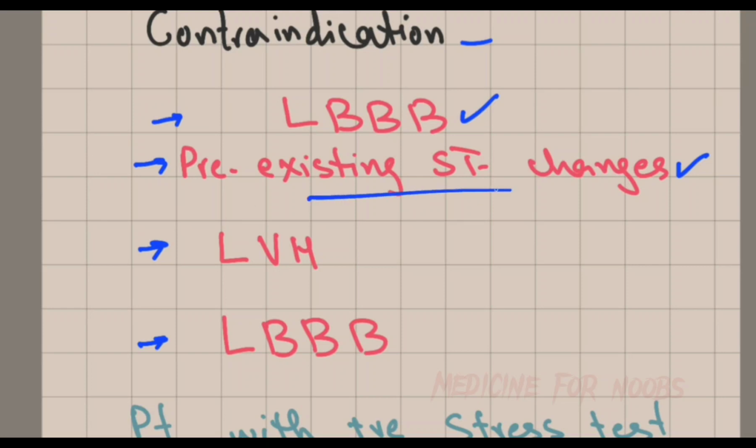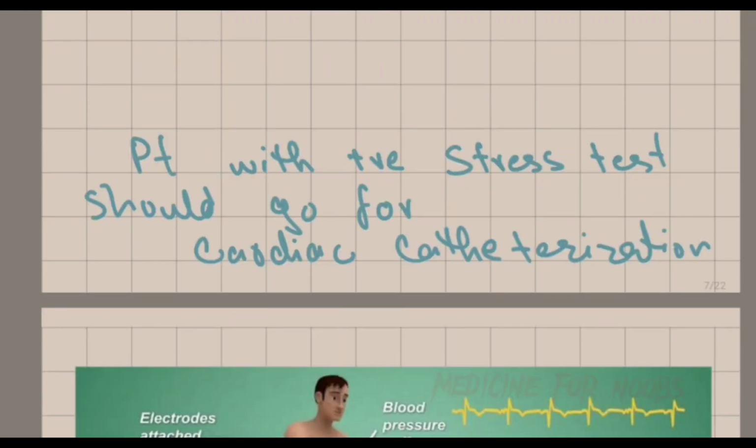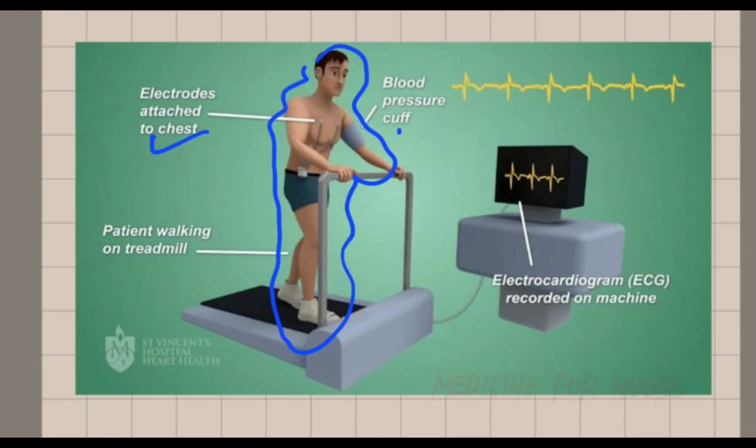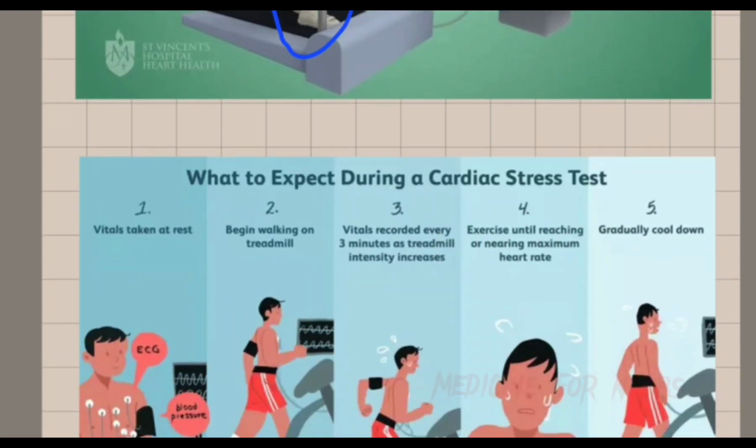Also left ventricular hypertrophy. The patient with a positive stress test should go for cardiac catheterization, so we can do intervention and deal with them. You can see here a patient on a treadmill with electrodes and a blood pressure cuff attached, and here is the ECG monitor which is recording the ECG of the patient while he is doing physical activity.